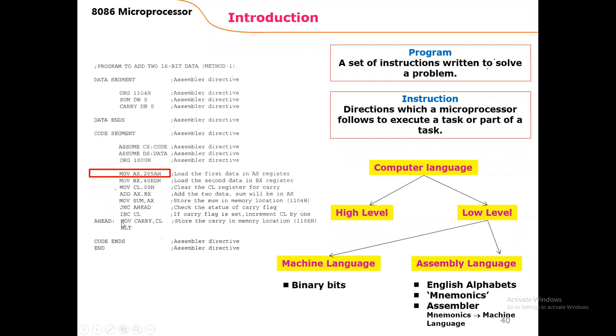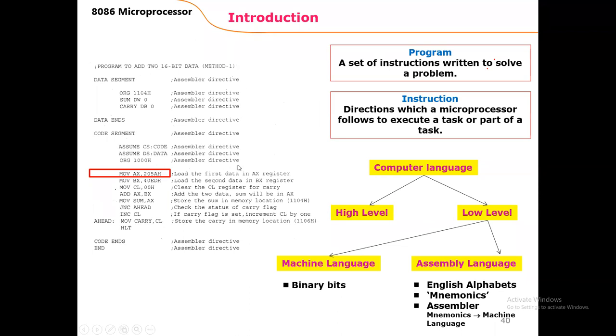The full form is a word, but the short form is used in our assembly language programming. This is the instruction. HLT means halt, hold.